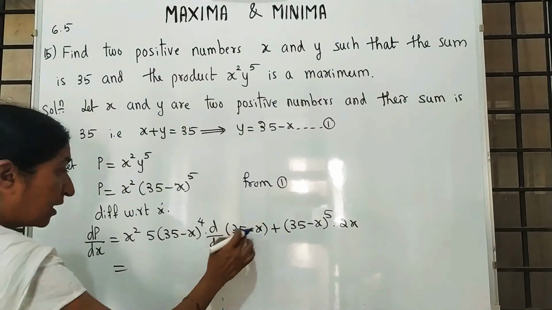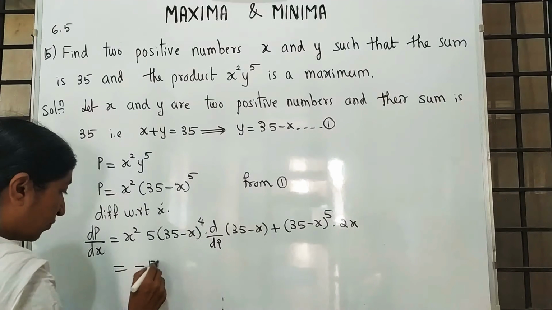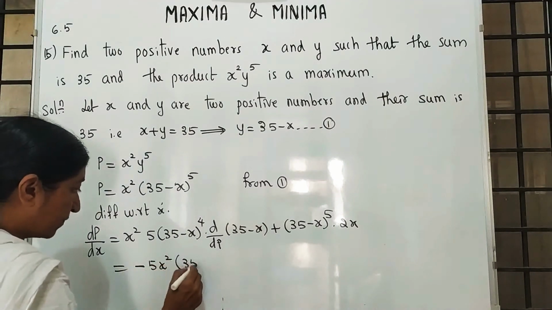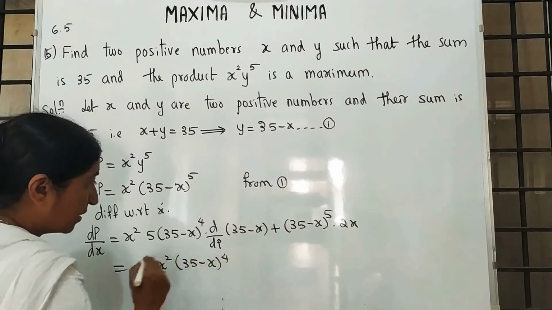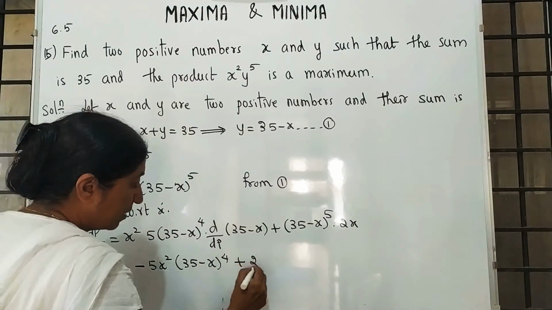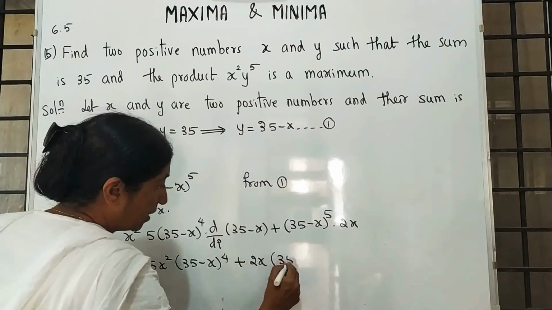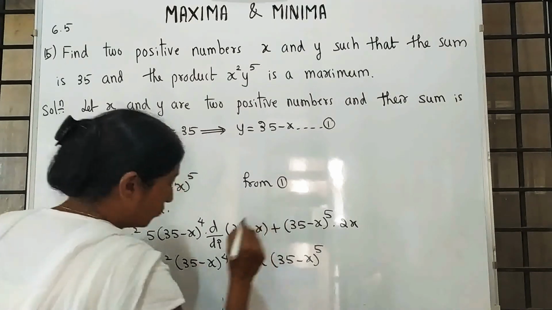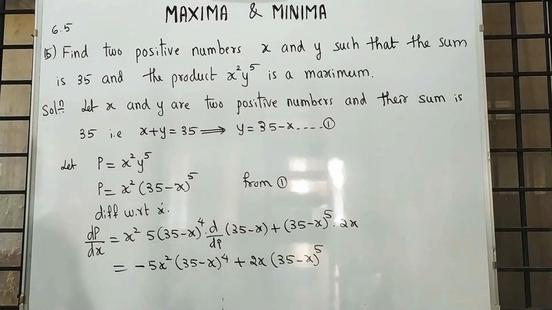So it is minus 5x square into 35 minus x raised to 4 plus 2x into 35 minus x raised to 5. For convenience, I took 35 minus x raised to 4 as common.